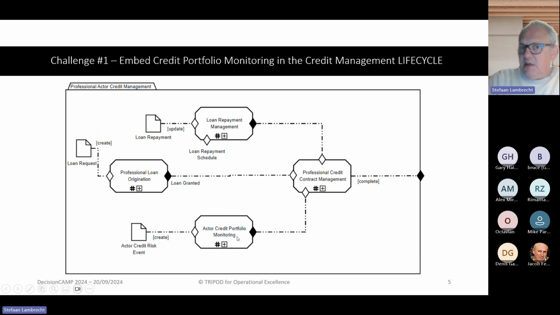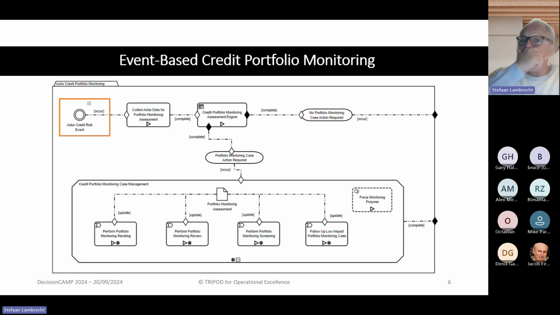So here we see a CMMN model, in fact, reacting to all kinds of events that are taking place within credit management. And then we are going to dive into this case model, which is in fact the case model that handles the credit risk portfolio monitoring.